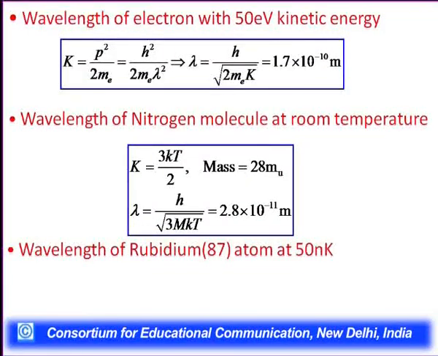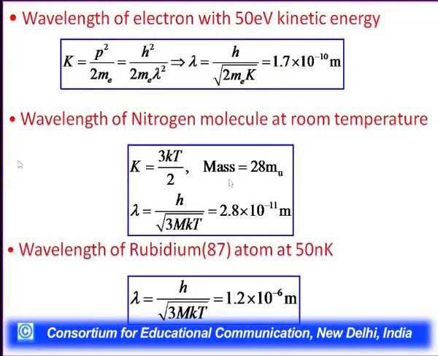Now the wavelength of a rubidium atom at 50 nK, then lambda is equal to h by root of 3mkT, whose value is 1.2 × 10⁻⁶ meter. These are the different values of wavelength and kinetic energy defined for the electron, nitrogen molecules and rubidium atom.